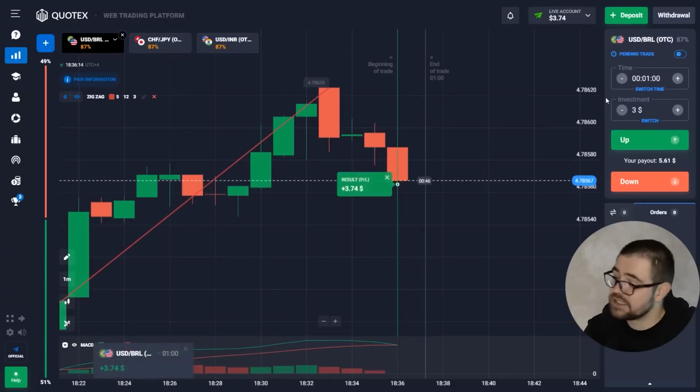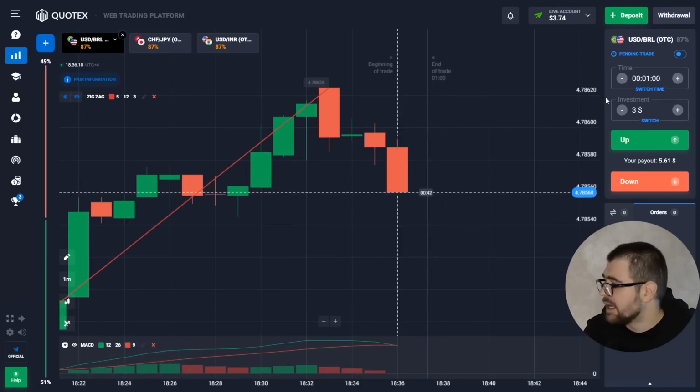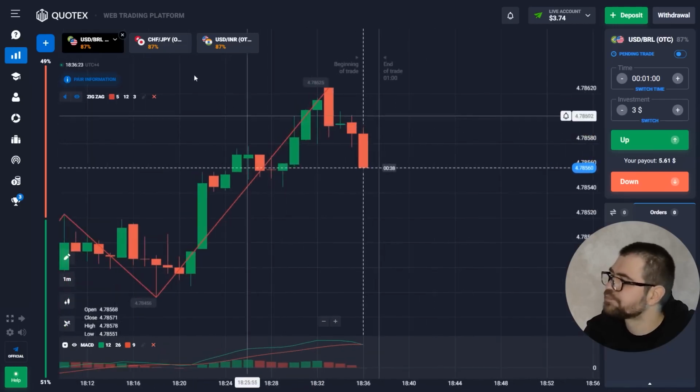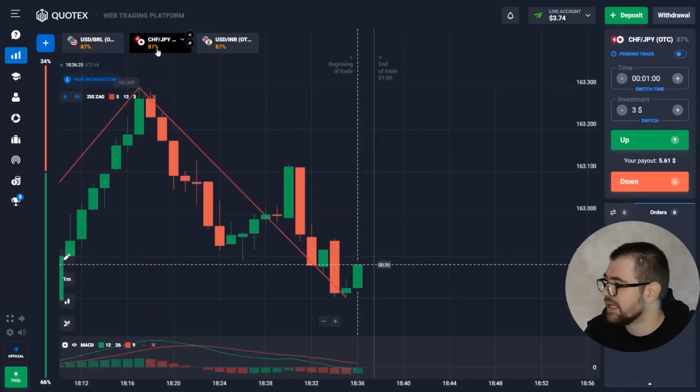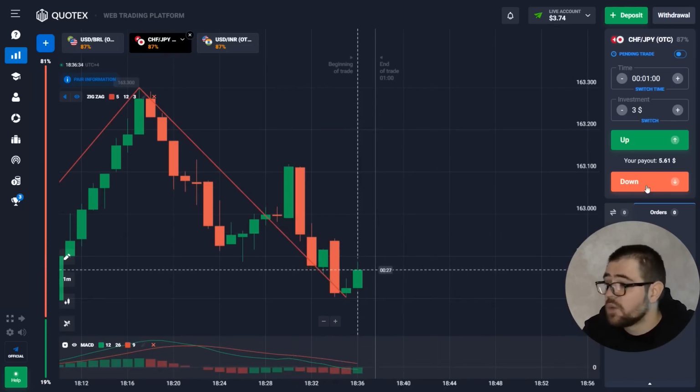Here's the first profit. It's quite small, but 3.74, and the next option is going to be $3. Let's go ahead and change this currency. Okay, so we're gonna go with the trend here.